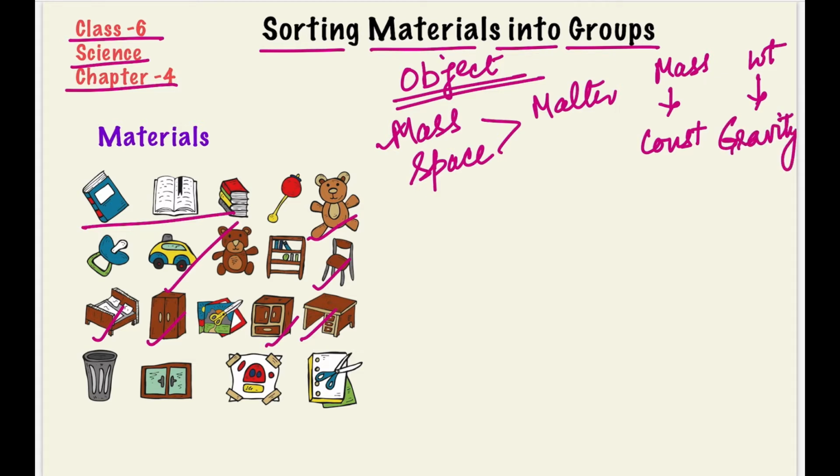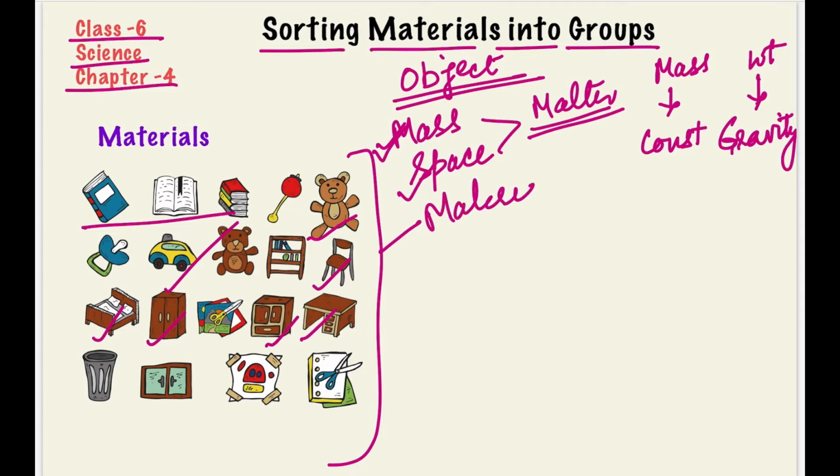So now we were talking about anything which has mass and occupies space is called matter. Now these objects are made up of some matter and this matter is called material. So the matter of which an object is made is called material.